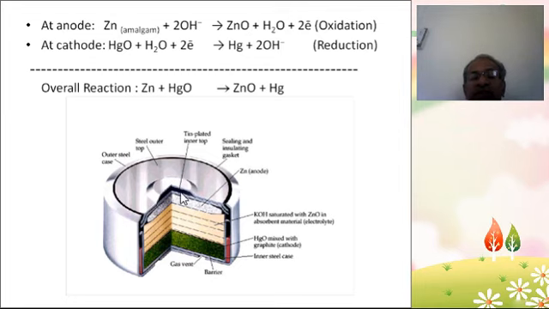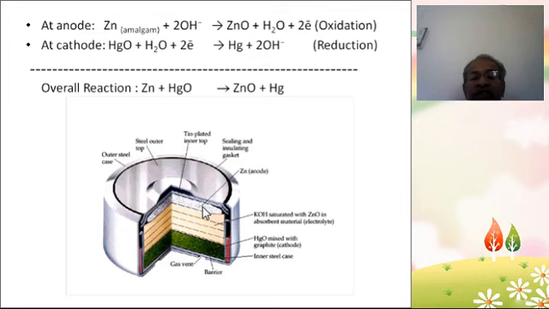Then this is the inner part, actually a tin plated top. Then this is the insulating gasket, which is used in between the outer steel case and the outer steel top.